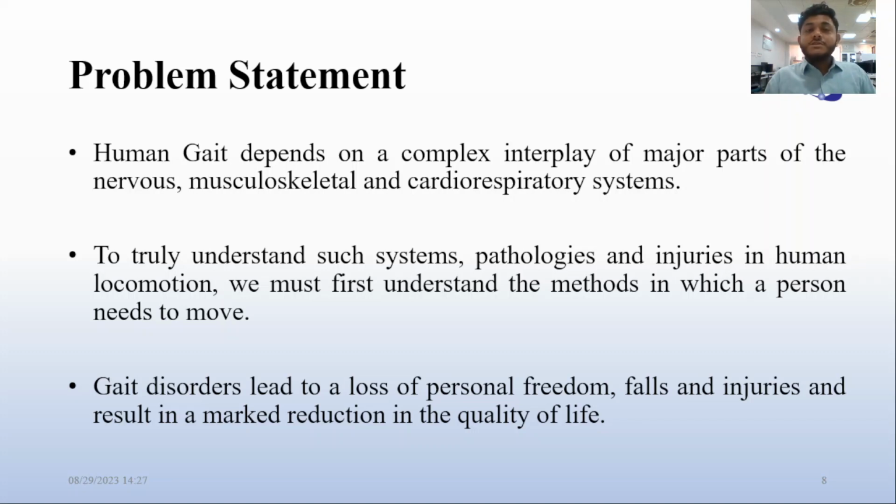To truly understand such systems, pathologies, and injuries in human locomotion, we must first understand the methods in which a person needs to move, that is, the gait cycle. Gait disorder leads to a loss of personal freedom, falls and injuries, and results in a marked reduction in the quality of life.